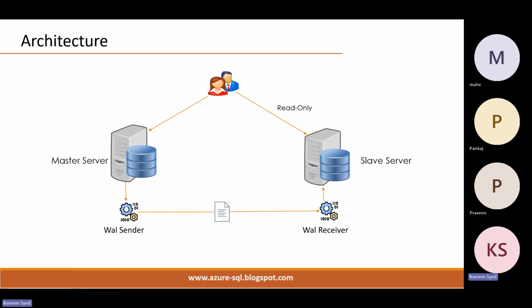We set max_wal_senders, one parameter in the config file, to 0, which pauses the replication temporarily if you want. We'll see that. These are the two processes in streaming replication.